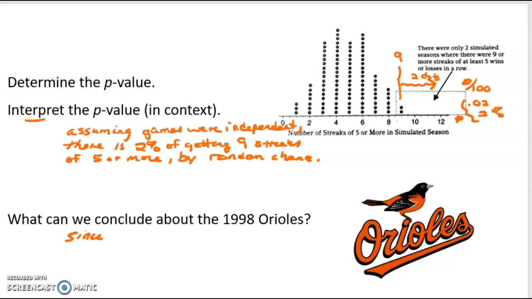Since your p-value is 0.02, and 0.02 is less than 0.05, that means that random chance is not plausible.